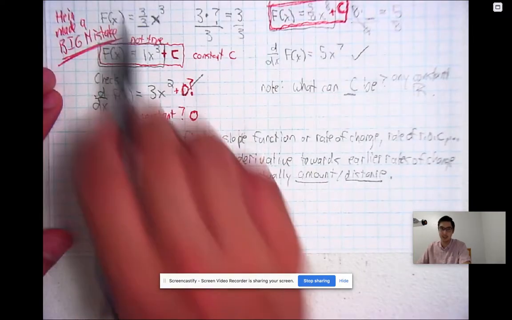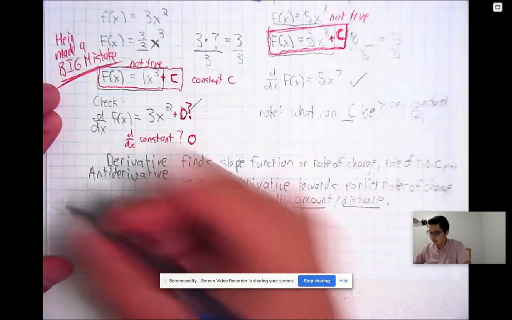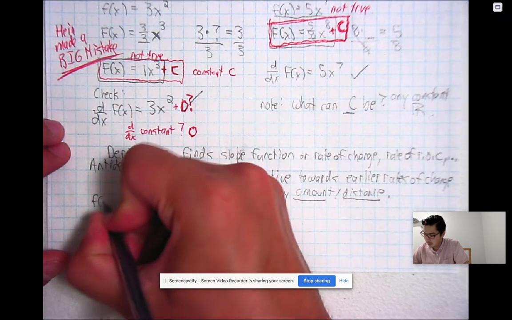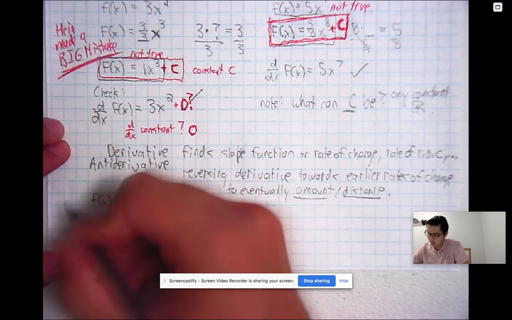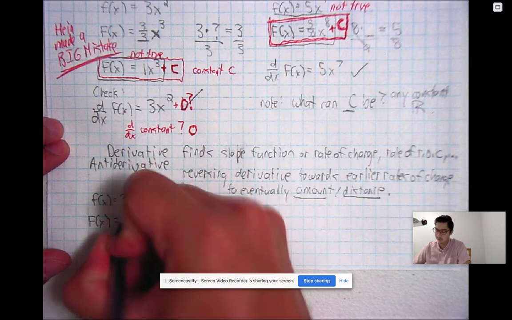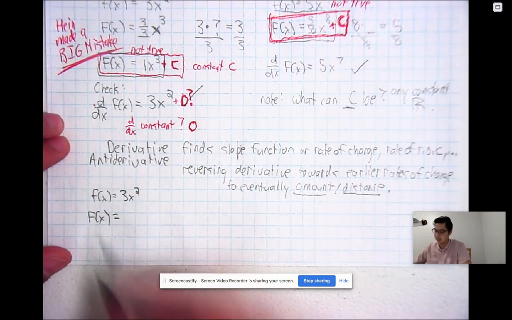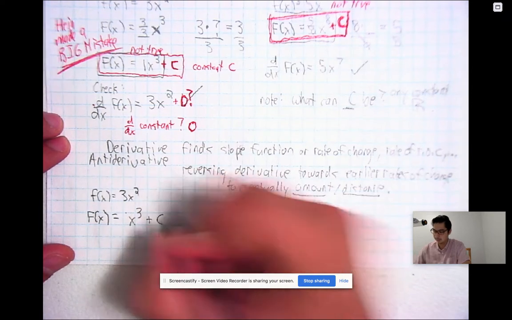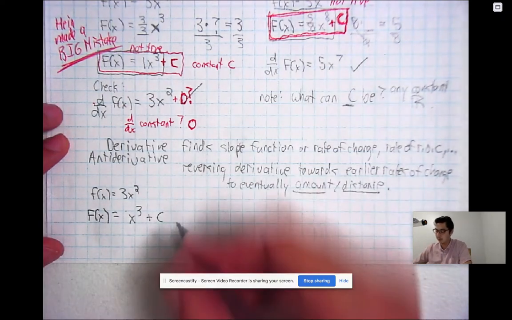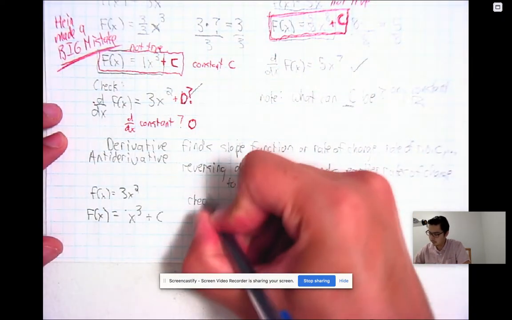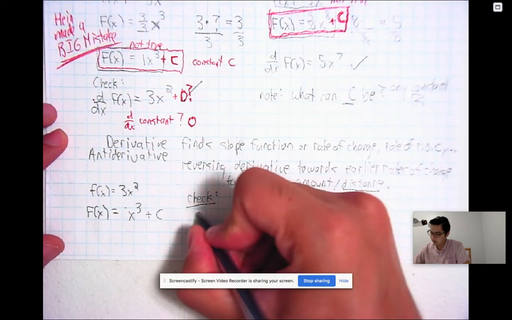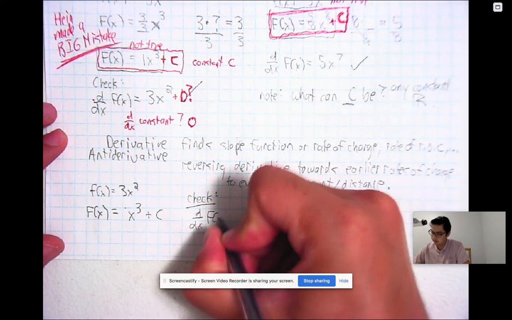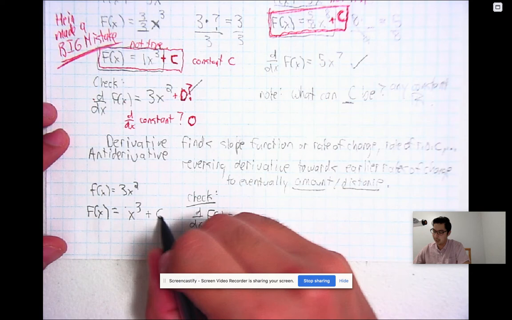So let's look back at this problem. And this is getting messy, and I thought we were almost done. I almost missed one of the biggest things. So we already showed you that the antiderivative of 3x squared is going to be x to the third plus c. All right. Well, let's check with different numbers. What if we check with the derivative of the antiderivative, and let's say that we make that a 1.